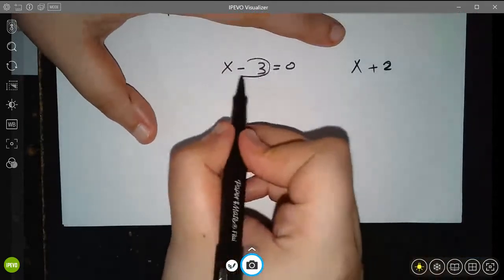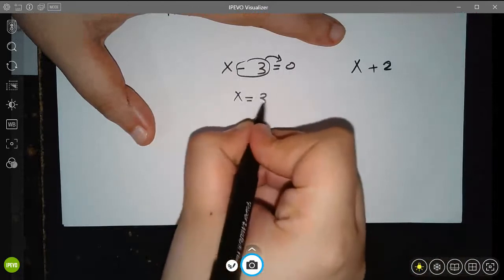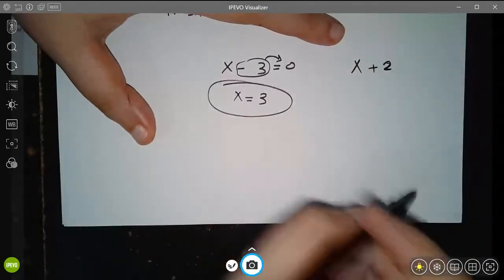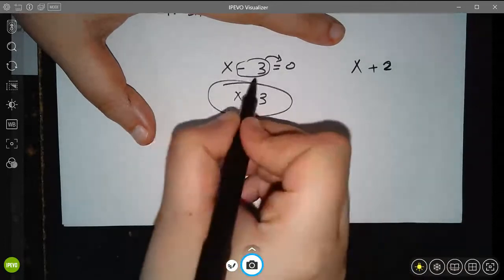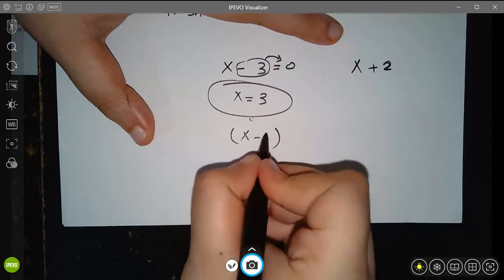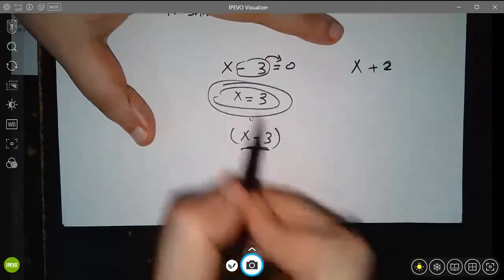To solve it, you're going to grab the negative 3, move it to the opposite side, and x equals what? Positive 3. Yeah, that means if you want to move to the positives and you want this value to be written in a parenthesis form, then it's going to be x minus that value. Whenever you see this, you know that that x value is actually positive.